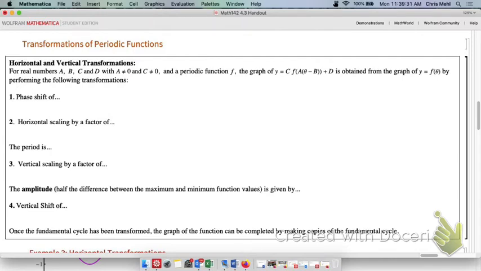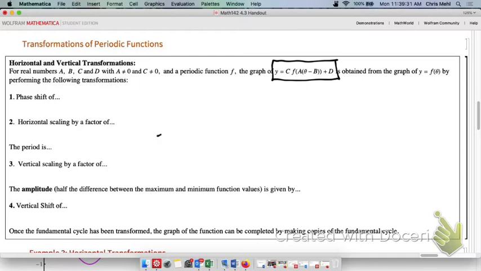Again, make sure you look at the general form of a transformation of f of theta. You have an A, B, C, and D. Theta is the input variable. F is the name of the function. To transform f into the graph of C times f of A times theta minus B, plus D, you're going to perform the following transformations, and you're always thinking about transforming the fundamental cycle.